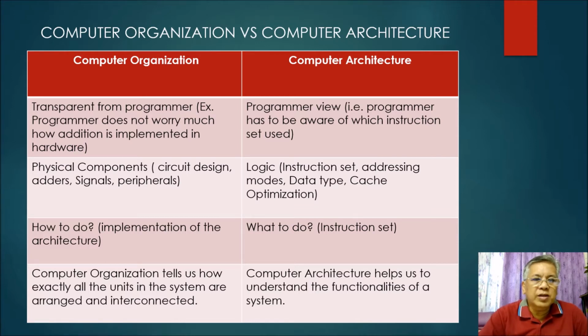That means the programmer does not worry much about how addition is implemented in hardware. Meaning to say, if you want your computer to perform addition, the programmer is not concerned with which part of the hardware will perform addition.